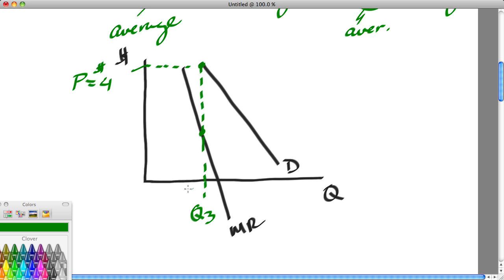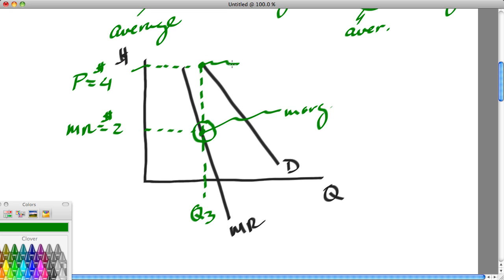On average, we sold 3 units for 4. But notice, marginal revenue is below price. Marginal revenue, in this case, is 2. So why does MR slope below the demand curve? Well, MR is not an average. It represents the revenue we generated, not on all 3 units, but the revenue we generated on the 3rd unit. Again, this is a marginal.